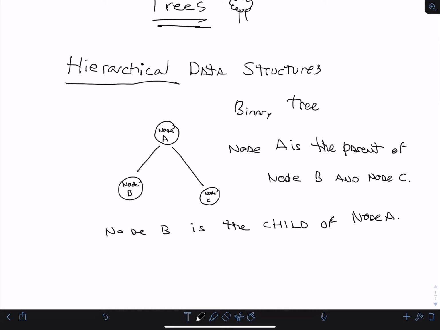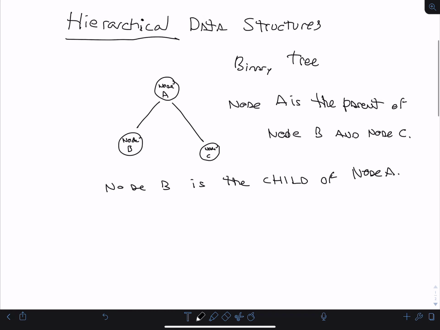We don't really use the term brother or sister or anything like that for B and C, but we definitely use child and parent. Technically, if node B had a child of its own, node D, then we would say that node B is the parent of node D. And again, we don't really use this notation, but it might appear somewhere.